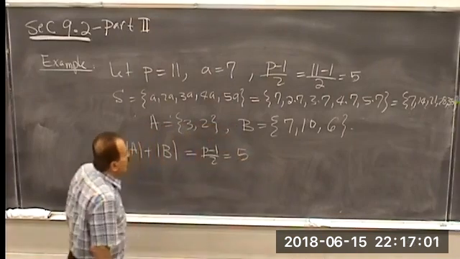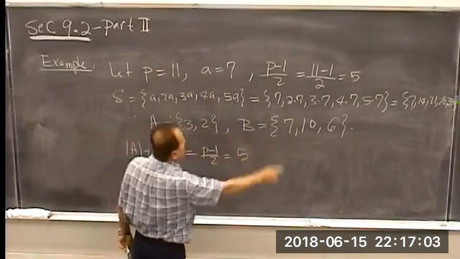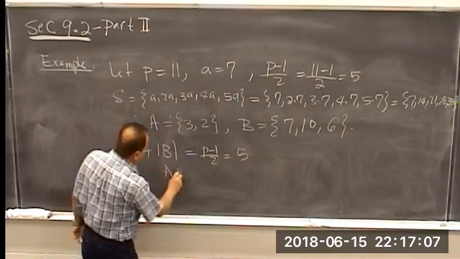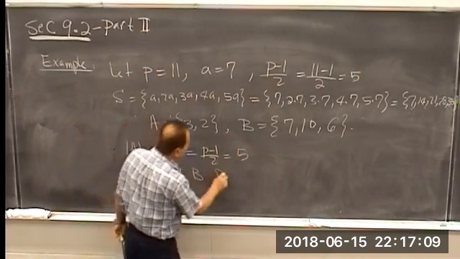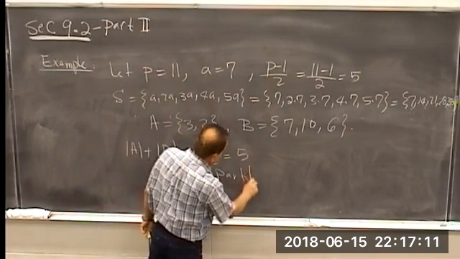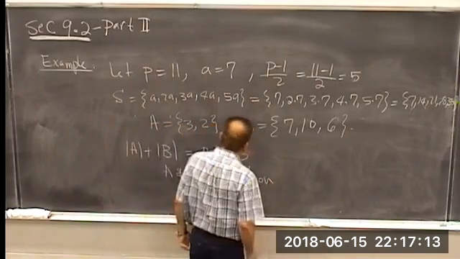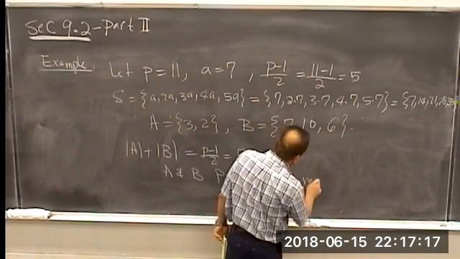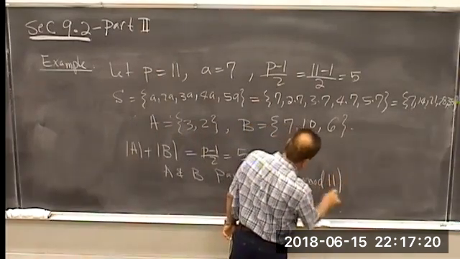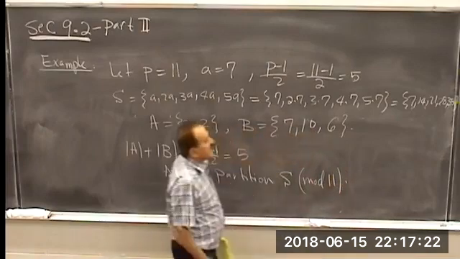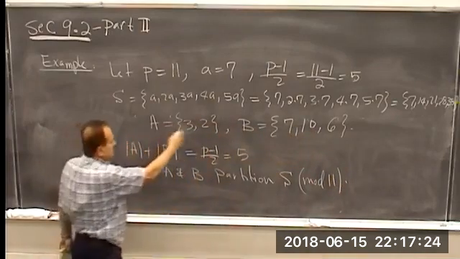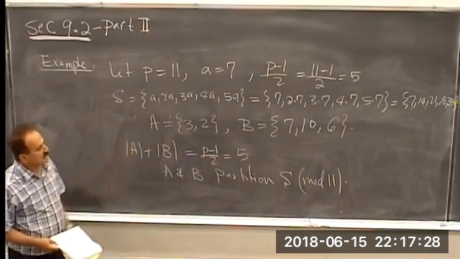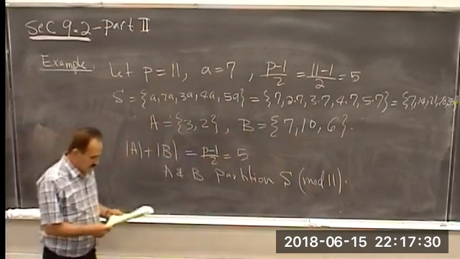Also, they don't have any common element, so we can say that A and B partition S mod 11. The elements in S exceed these numbers, but if we reduce them mod 11, that's what it does.